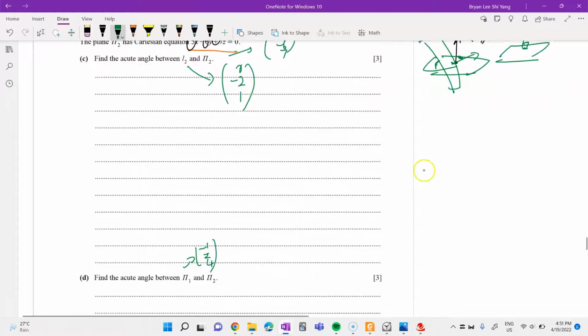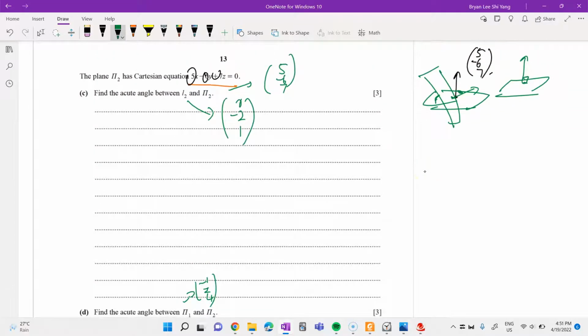Now, for finding angles, let's say we have two vectors. This is some equation that I cannot explain in this video, but I'll just state it. If I have vectors A and B, I use the dot product or scalar product.